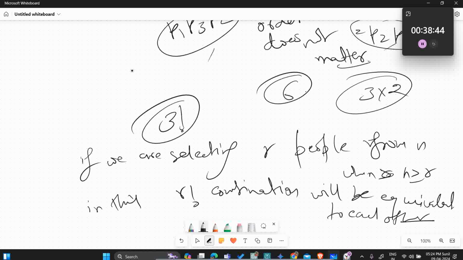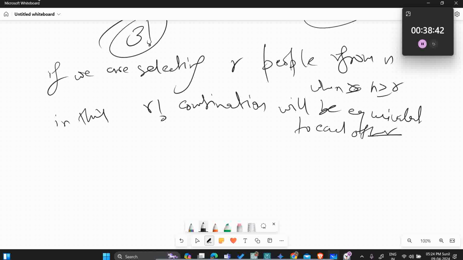Let's say there are n people, so we can arrange them in n factorial ways. We are going to select r people. So the nPr formula is n factorial over n minus r factorial. This is the nPr permutation.